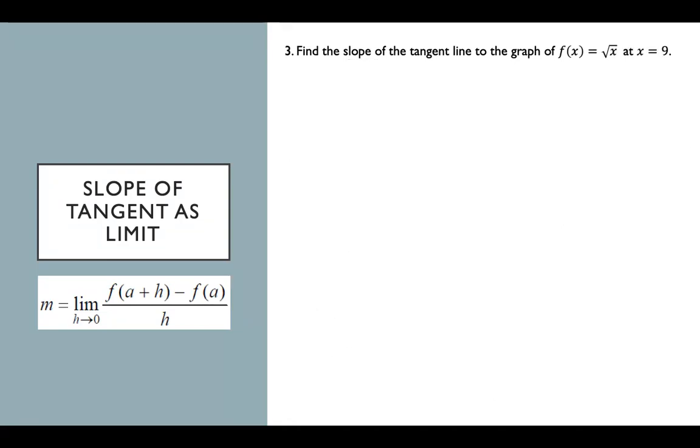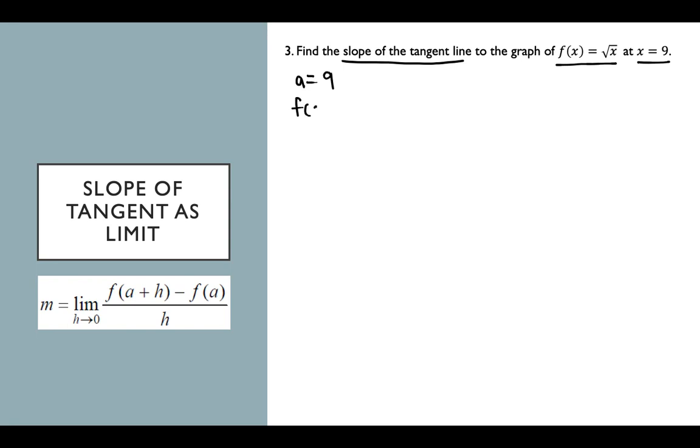Now the last question. Find the slope of the tangent to the graph of f at x equals 9. So this time, it doesn't give me a full point. It gives me just one point at x equals 9. So, as always, we know a is going to be 9.